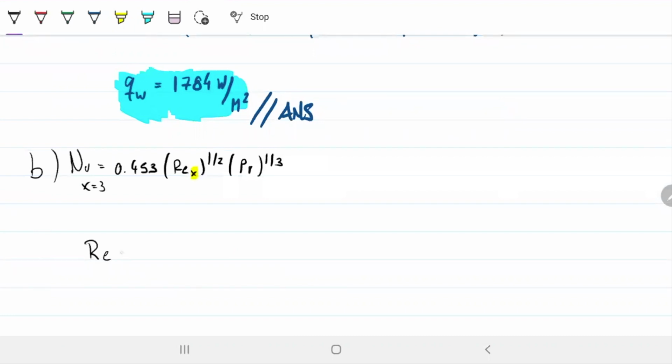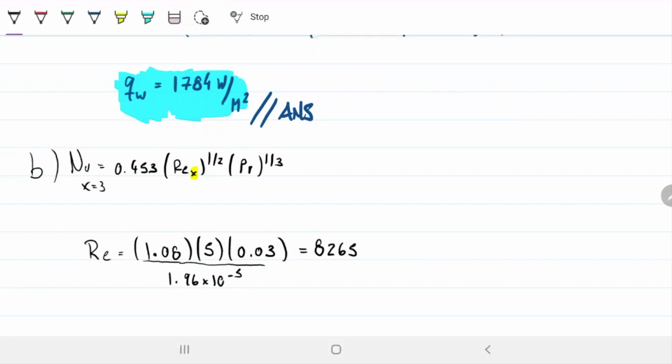So let's start by finding Reynolds at 3 centimeters. Everything else is the same: 1.08, velocity is still 5, but now it's 0.03 meters, not 0.2 like it was before. And my viscosity is still the same, 1.96 times 10 to the minus 5. So my Reynolds is 8,260. Still laminar, obviously.